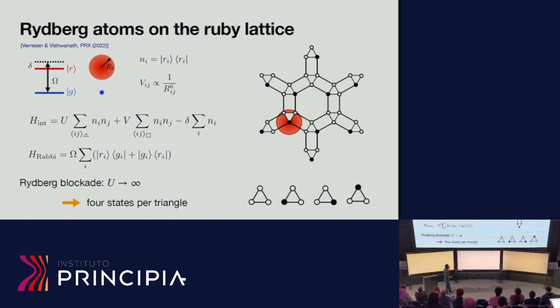This would be this U here. But you can also get, this is like truncating this long-range interaction to the next nearest neighbors, these interactions between atoms that live on these rectangles here. And this delta parameter is the detuning of the laser that will drive transitions between the ground state and the Rydberg state. This is in this Rabi frequency term.